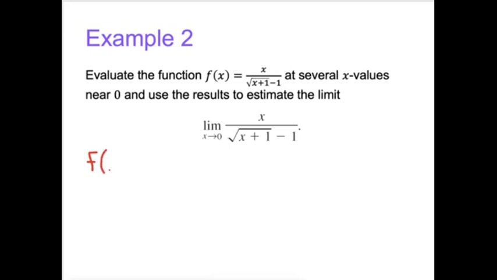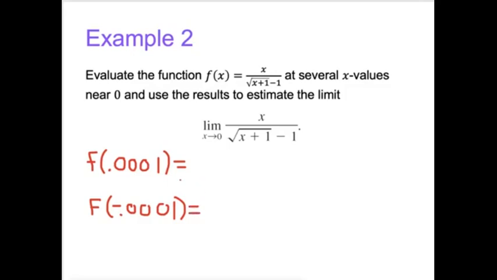So we could do, if we want some numbers on the right side, just for example, f of 0.0001 and see what that equals. We could do f of negative 0.0001 and see what that equals.